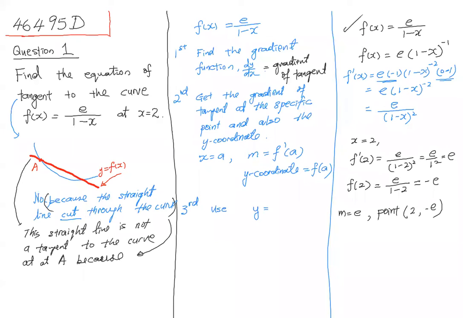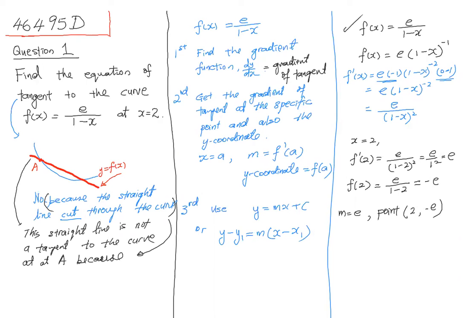y equal to mx plus c, or you can use y minus y1 equal to m(x minus x1). Right? So the third step will be, I will use y equal to mx plus c. Okay, this is more common to everyone.